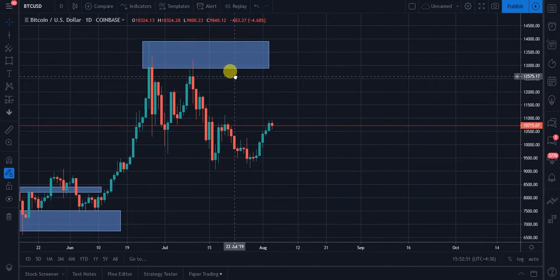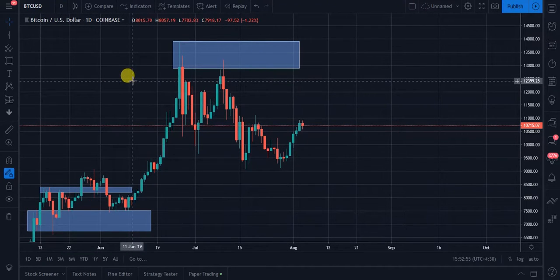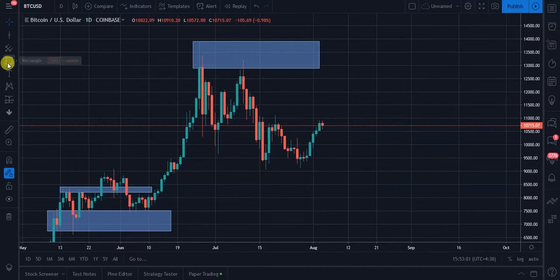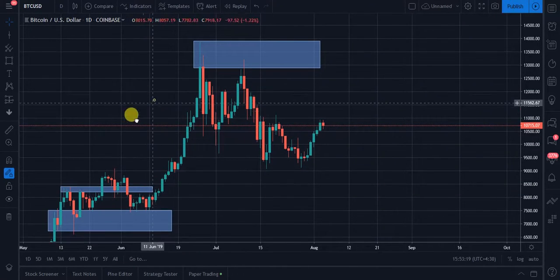That's why I love to draw the support and resistance first and then go to check other things, for example Fibonacci, trend lines, chart patterns. All of these are after I identify support and resistances. That's why it's really important to understand it first.